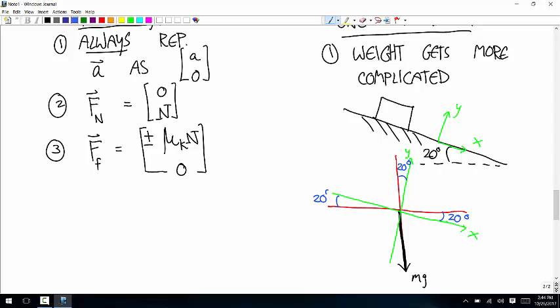This angle is 20 degrees. And this angle is 20 degrees. Now, if the green is the coordinate system, in that green coordinate system, what would be the sign of the x component of the weight force?